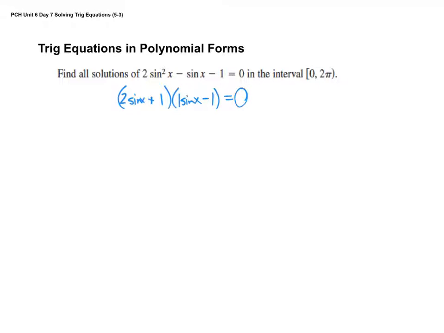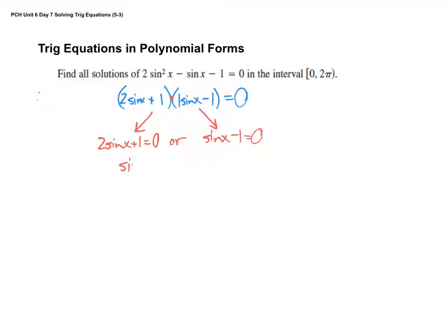Now, don't forget your zero product property. When you have two things multiplied together that equal 0, then either one factor has to equal 0, or the other factor has to equal 0.